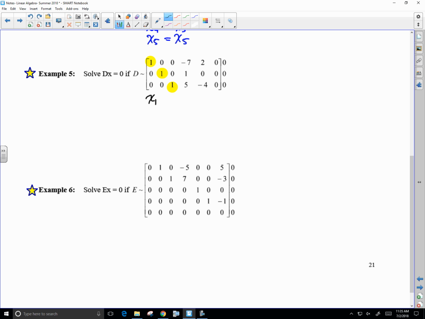So x1, I'll write the equations first, and then we'll kick it over into parametric form.